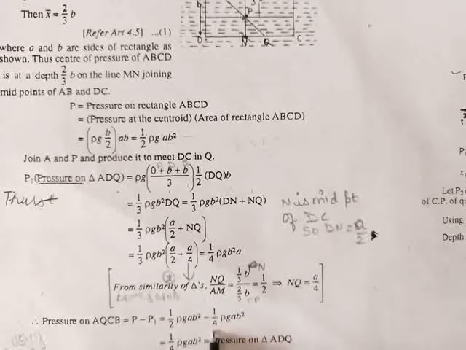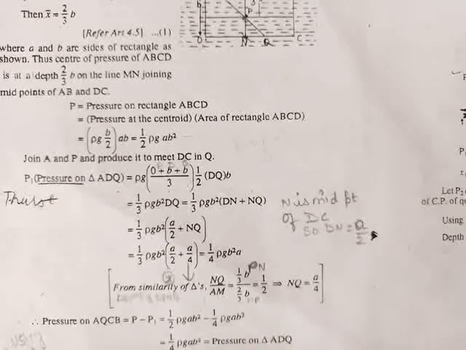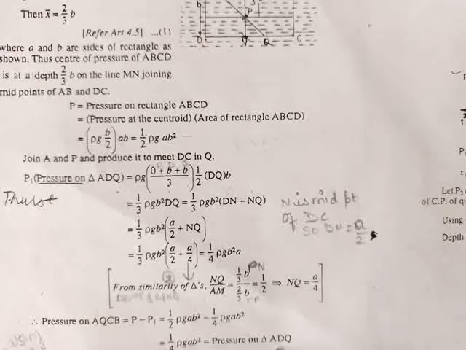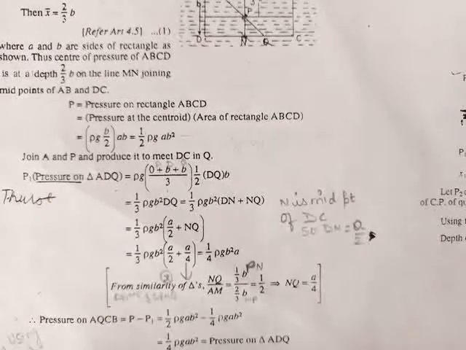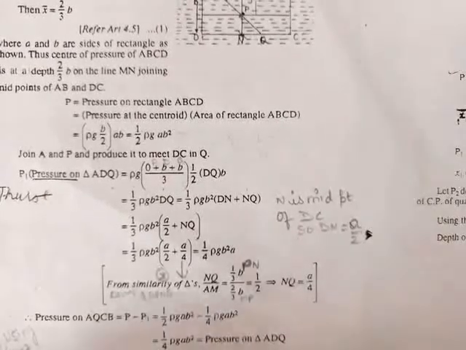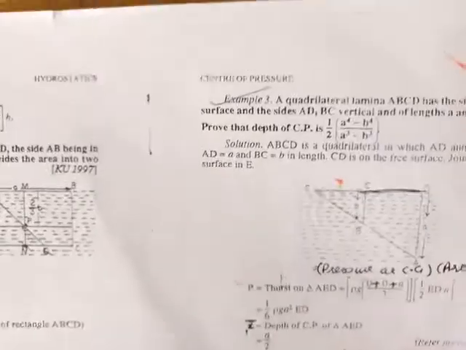Putting the values, we have obtained this thrust as 1 by 4 rho g ab squared, which we can see is the same as the thrust on the triangular area ADQ. So this proves that the thrusts on the two portions are the same. Now there is one more problem to see.